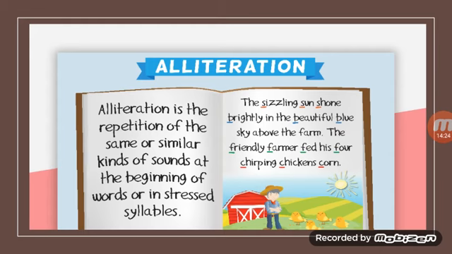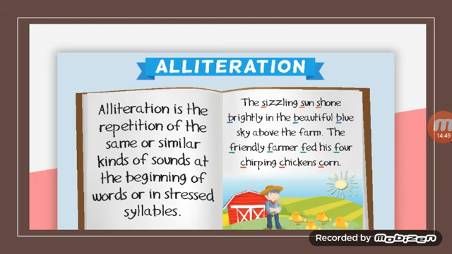Now comes another poetic device, alliteration. So let's read about it. Alliteration is the repetition of the same or similar kind of sounds at the beginning of words or in stressed syllables. So what is alliteration actually? It is nothing but the repetition of the same kind of sound, actually consonant sound.